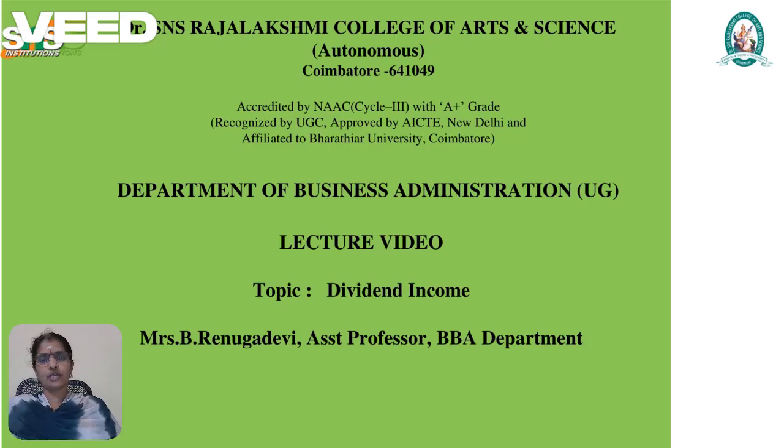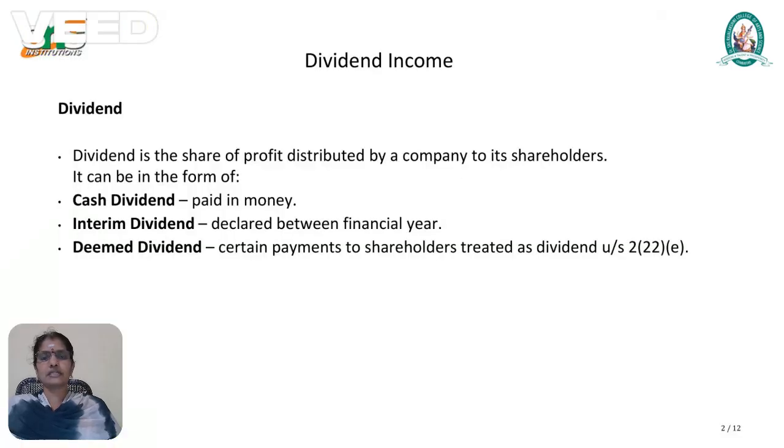In this video, we are going to discuss dividend income, and how it is treated in direct tax. Suppose a person receives other sources of income beyond this. They might invest their amount in shares or debentures.